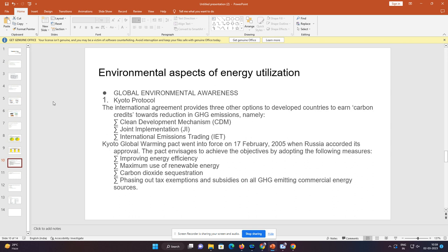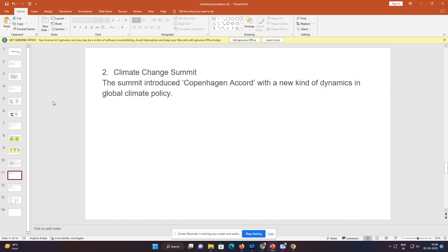It also indicates that the main barrier to the development of renewable energy sources is the price preference presently given to commercial energy sources through tax and other subsidies.